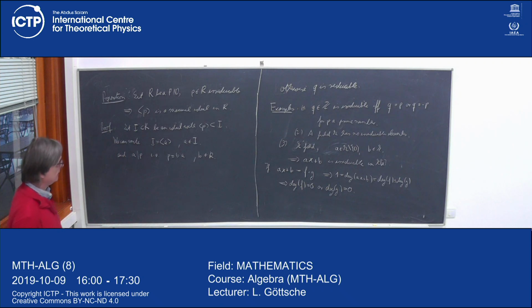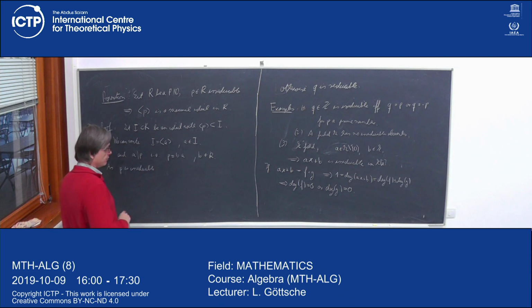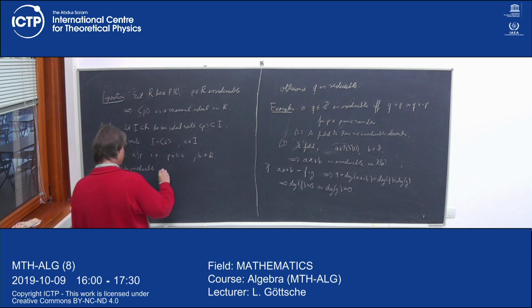Now, as P is irreducible, we have two possibilities. One of these two must be a unit. So either B is a unit.